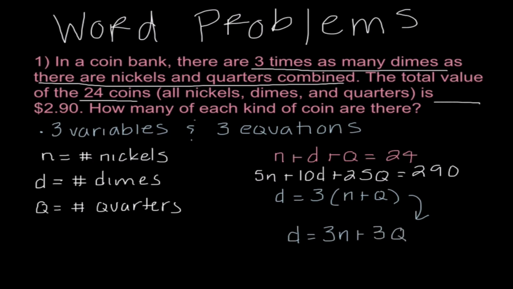It really doesn't matter. So right now I have my 3 variables, I have my 3 equations. I have number 1, number 2, and I'm going to use this one down here as number 3.